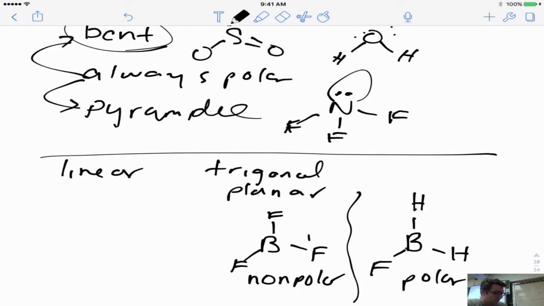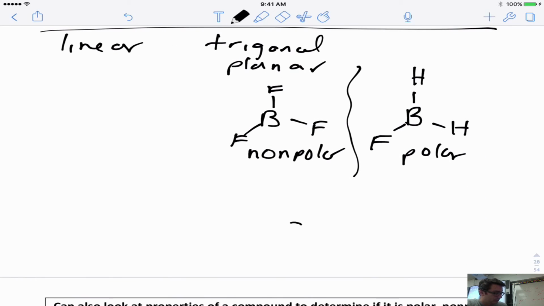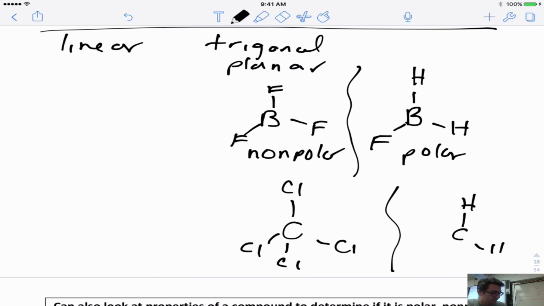And we saw with CCl4 versus CH3Cl how changing those atoms around it changes the pull that those elements exert on the electrons. That will result in a situation where you'll either be symmetrical and nonpolar or asymmetrical and polar.